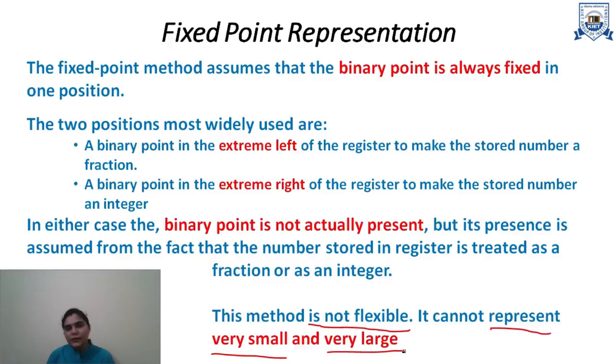In scientific calculations, mostly very large or very small numbers are used. So the fixed point representation method has the limitation that it cannot represent very small or very large real fractional numbers.